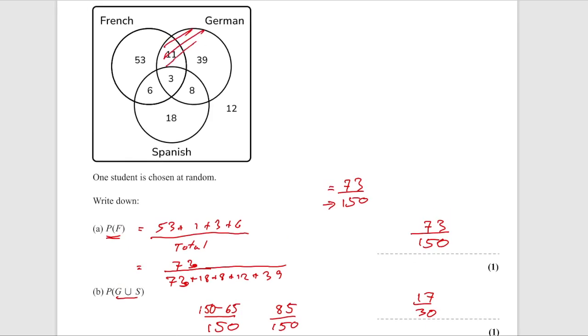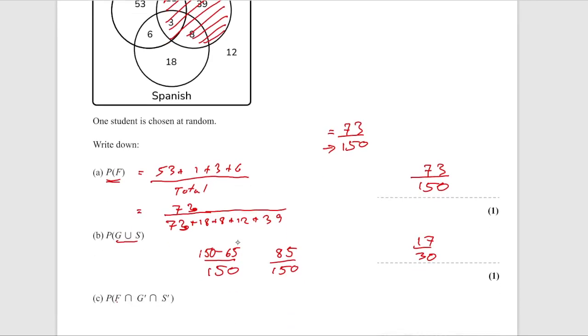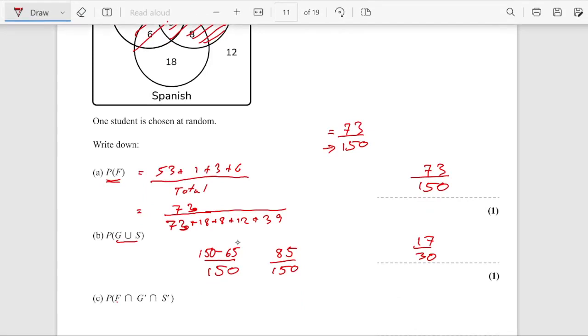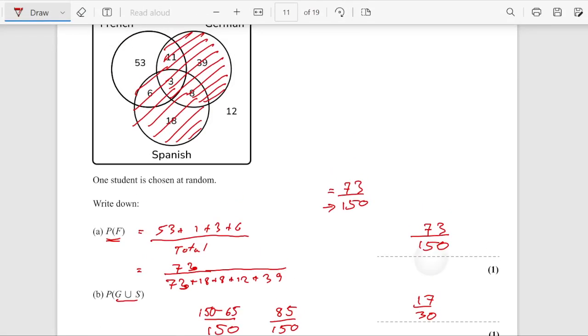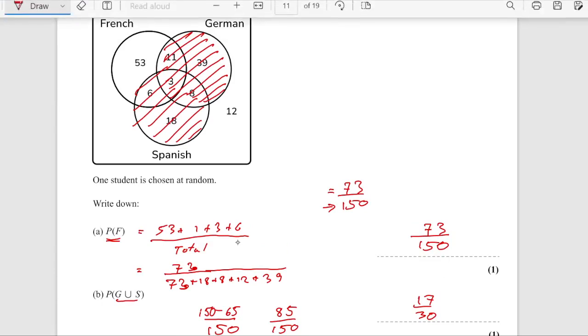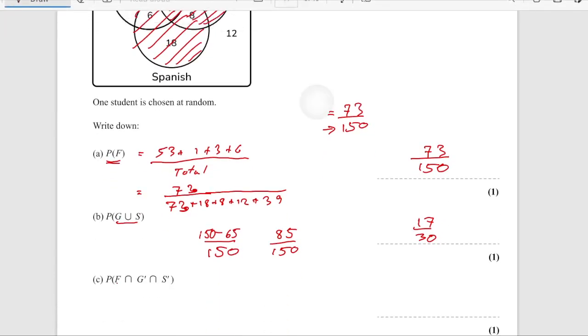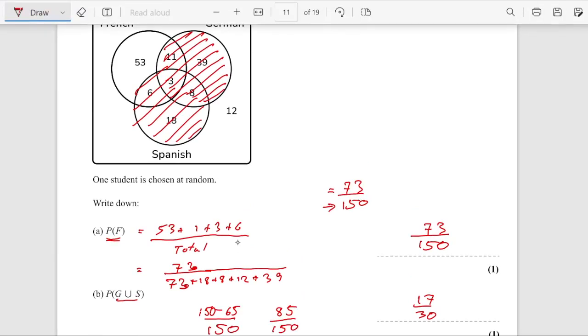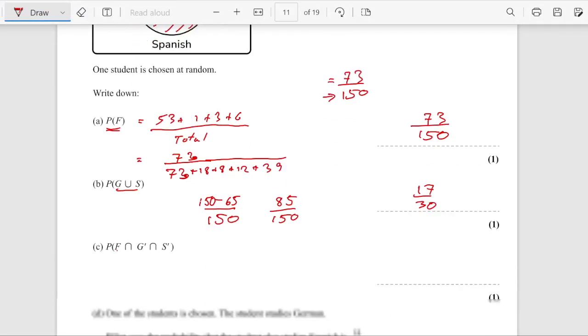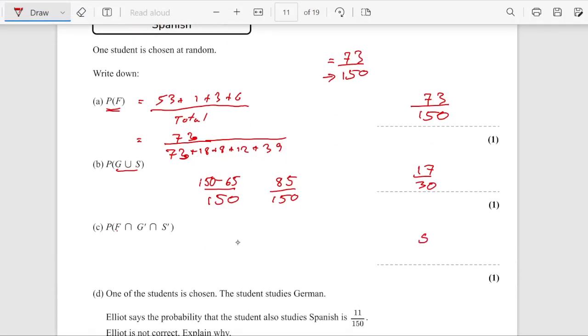So not G, and not S. So I make it, they've got to be in F, so let's get rid of the bit that we don't want. So that tells us it's going to be 53. So I make it 53 out of 150.